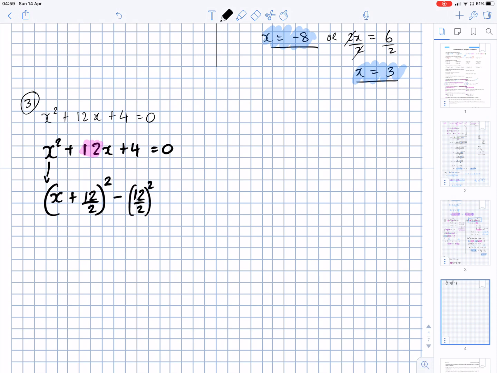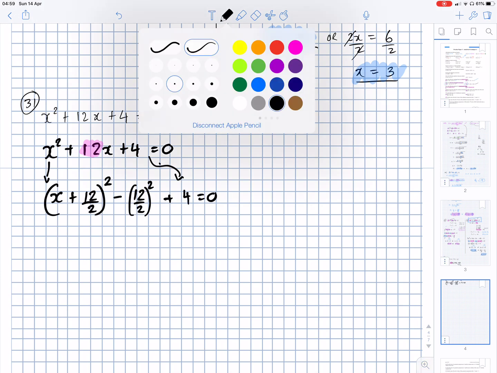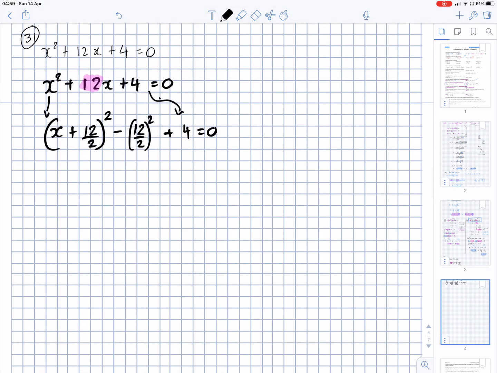You subtract it as a squared value, and then you add the 4, which is here. You're just going to add that. Okay, maybe too thick. Let me try to go down to that. Right, so this becomes x plus 12 over 2 is 6 squared minus 6 squared plus 4 equals 0.